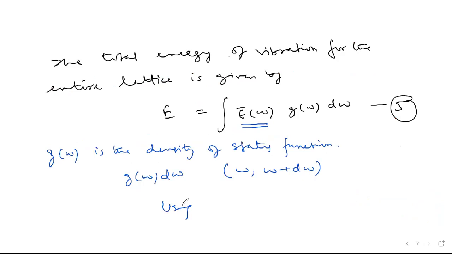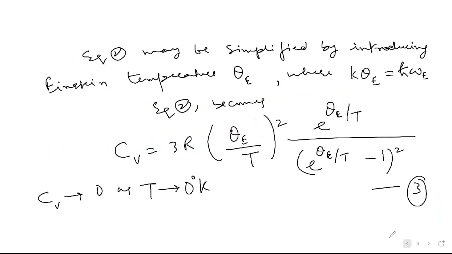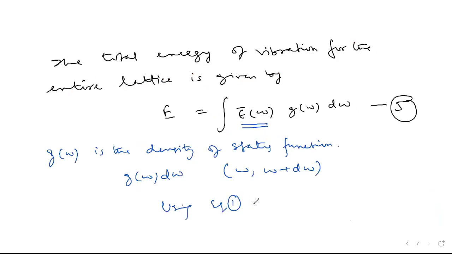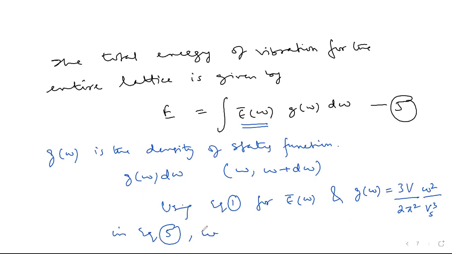So using equation 1, that is this equation, for average energy and G omega equal to 3V by 2 pi square omega square by Vs cube in equation 5, we get this G of omega, density of states function we have derived in the last lecture.